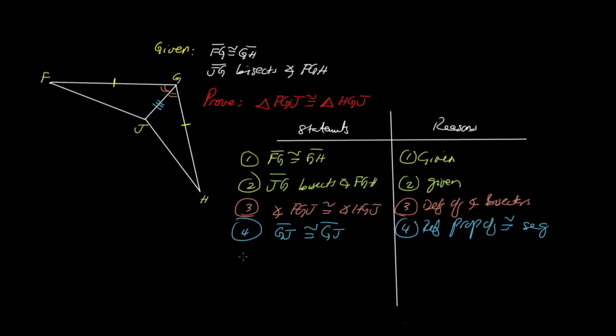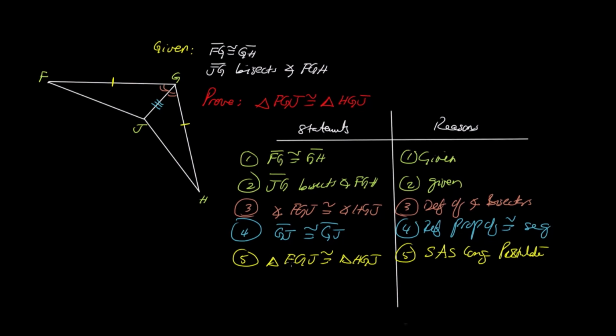And finally, now that we have side, angle, side, we can say triangle FGJ is congruent to triangle HGJ, and this is because of the side, angle, side congruent triangle congruence postulate. There we go. That's pretty cool, right? I thought those were very interesting, easy, hopefully, questions. As you can see, the reflexive property is very, very useful.